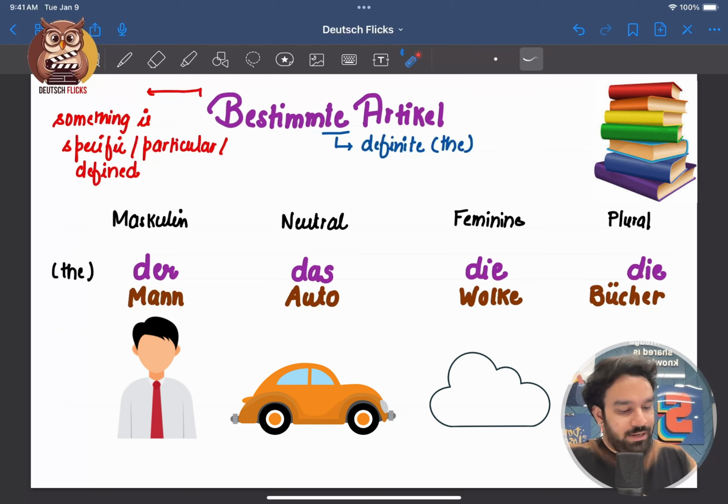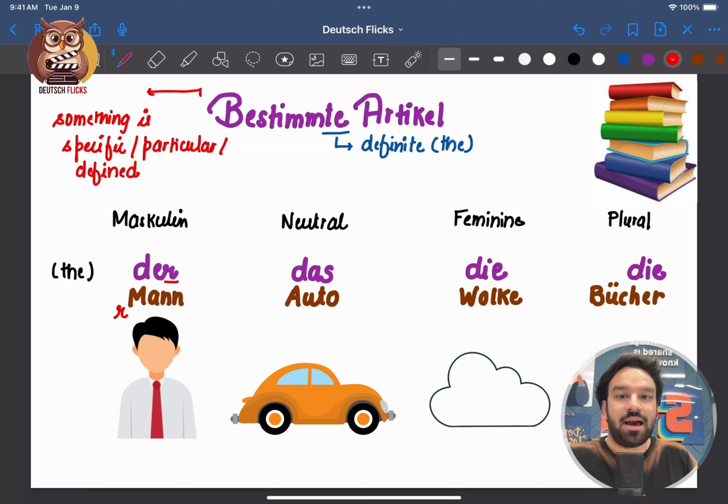Now for der, for example, if this is my noun and I want to mention its article, what I'll do is I'll take the last letter, which is R, and I'll write it here. Now for das, again I'll take the last letter, which is S. So I'll write here S. Now for feminine, it is E at the end.